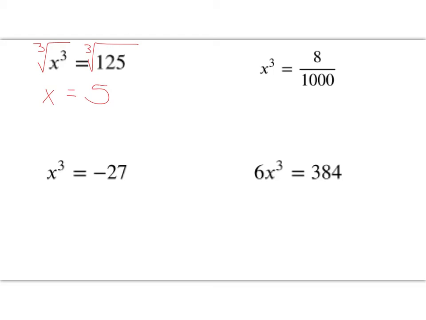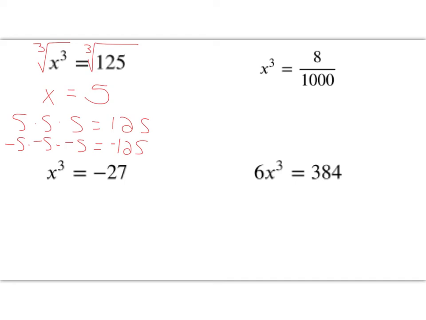A cube root only has one answer, okay? 5 times 5 times 5 is positive 125, but negative 5 times negative 5 times negative 5 is negative 125. So an equation involving cubes will only have one answer, not two.